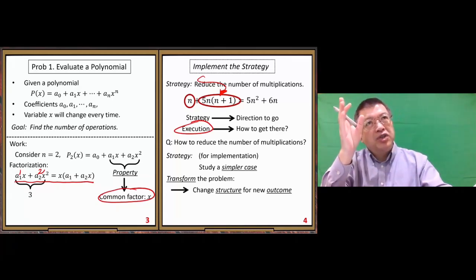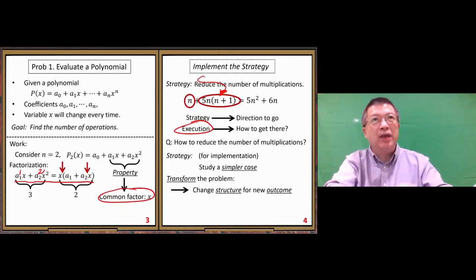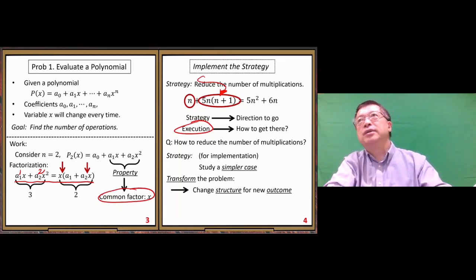How about the right-hand side expression? How many multiplications do we need for the right-hand side? First one here, this arrow. The second one here, this arrow. Total 2 multiplications. Can you see the difference? That's due to the property. We take advantage of that nice property and we get this result.